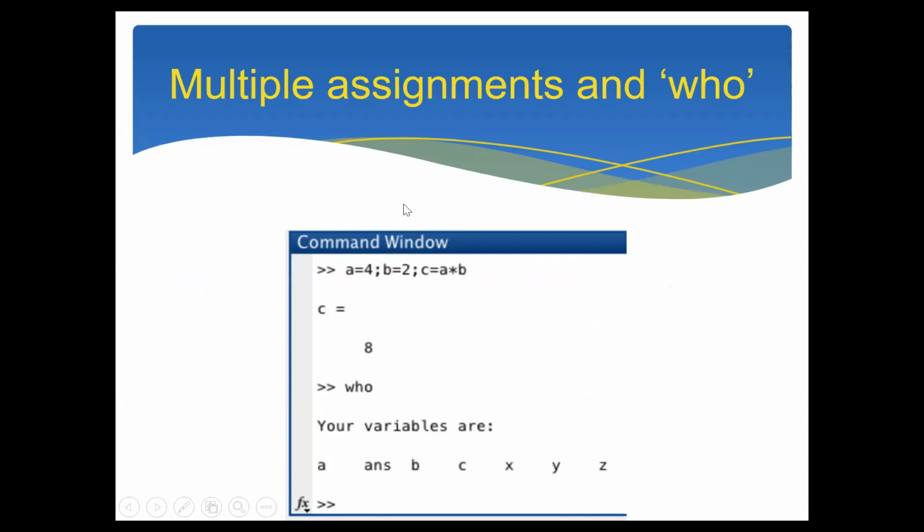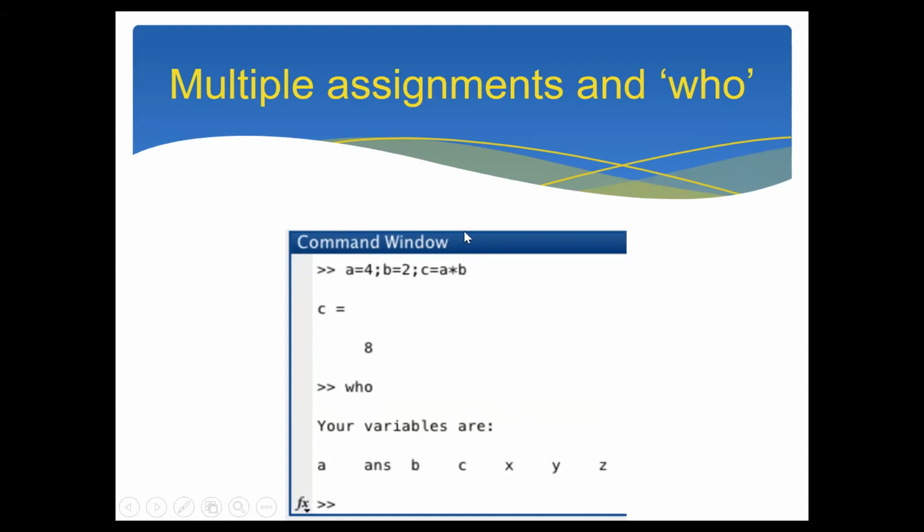Okay, before getting to that, I also want to introduce a command called who. who simply gives you all the variables you have in the workspace. You can simply type who in your command window. You don't even need to type those commands, because you already have some variables in your workspace. Then you will see all the variables in your workspace.